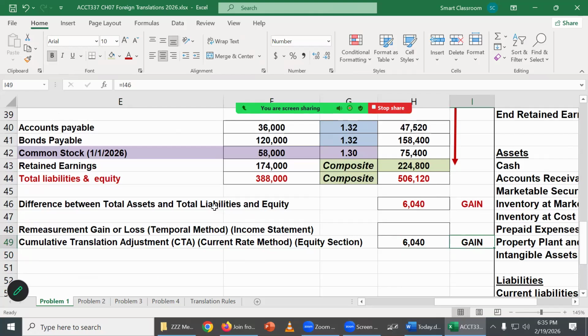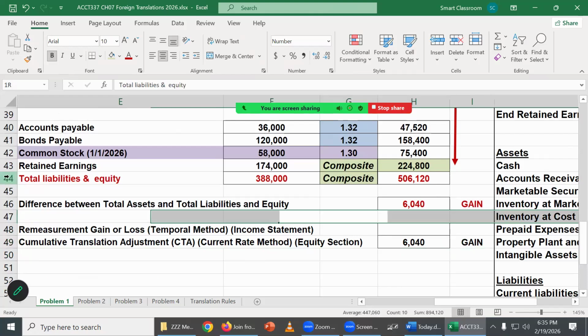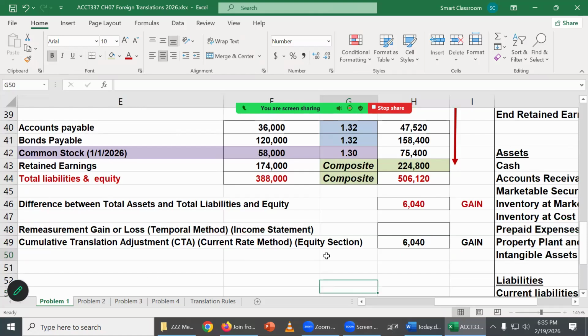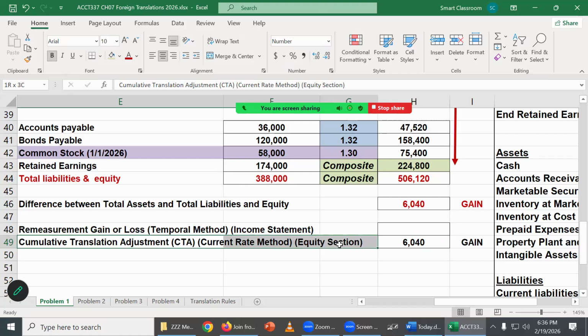Now we could add a row in here if we wanted to. This gain will go in the equity section. It'd be a plus. Now this does not go through the income statement. It goes right into the equity section of the company. So you're not going to see it on the income statement.